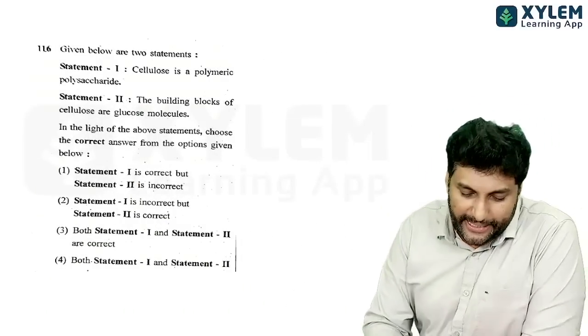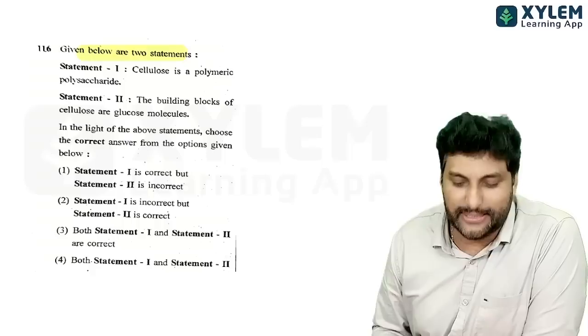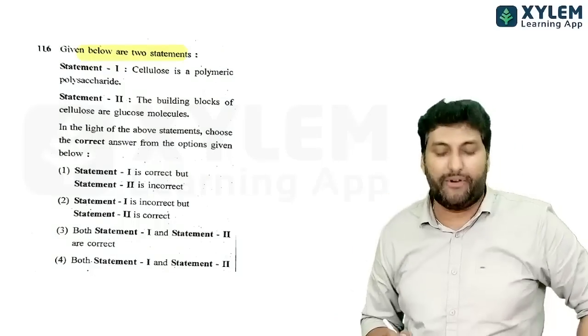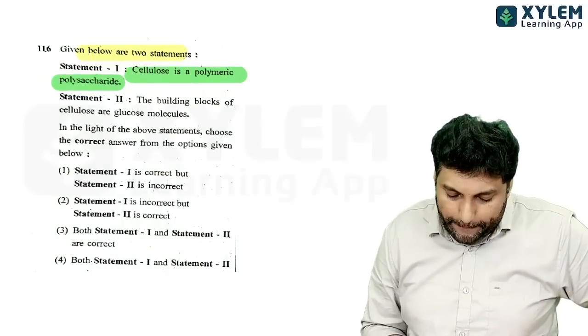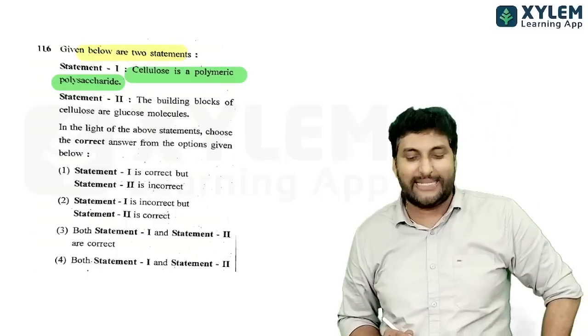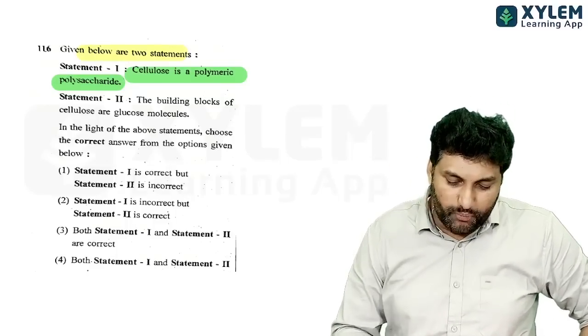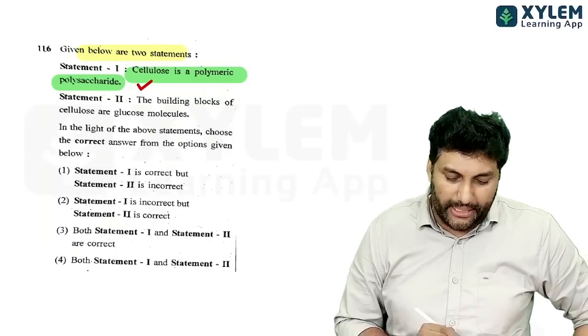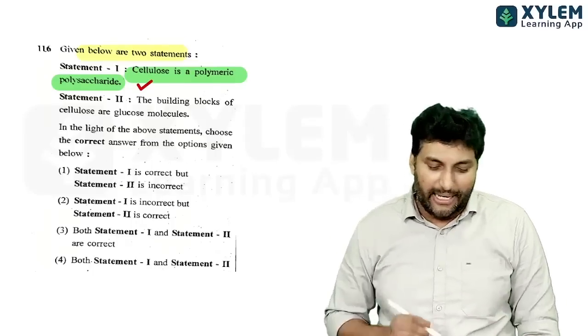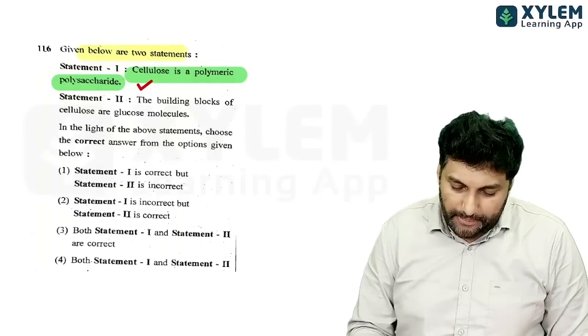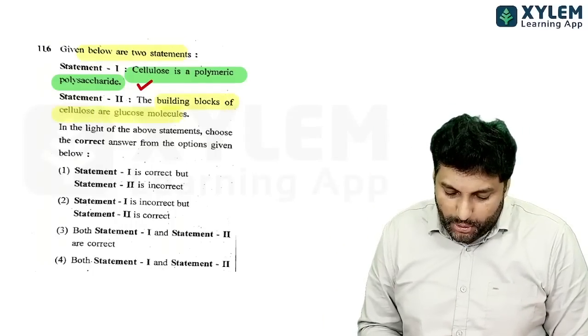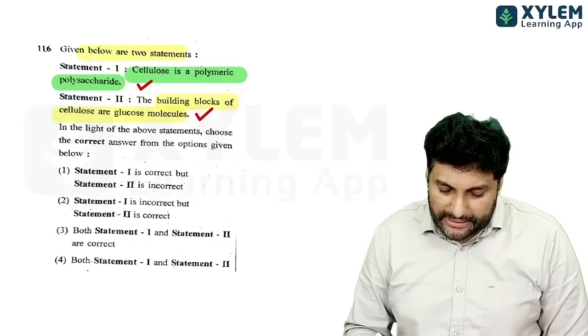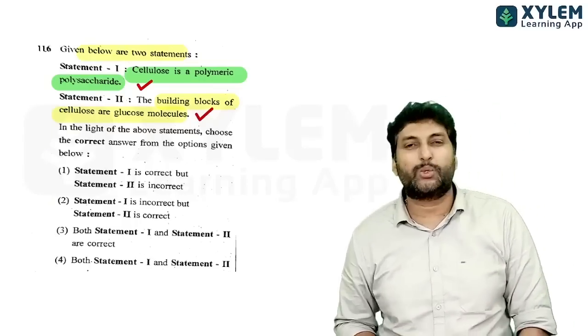You can see that given below are two statements. Let's check the statement first. Cellulose is a polymeric polysaccharide. You know that it's absolutely correct. Cellulose actually is a polysaccharide. While statement 2 is telling that the building blocks of cellulose are glucose molecules. That is also a correct one.